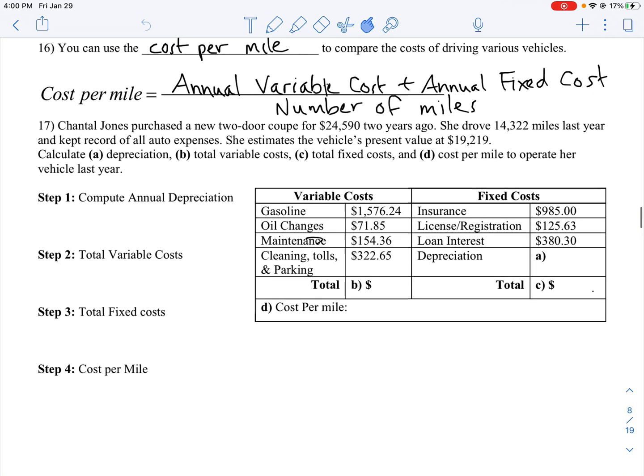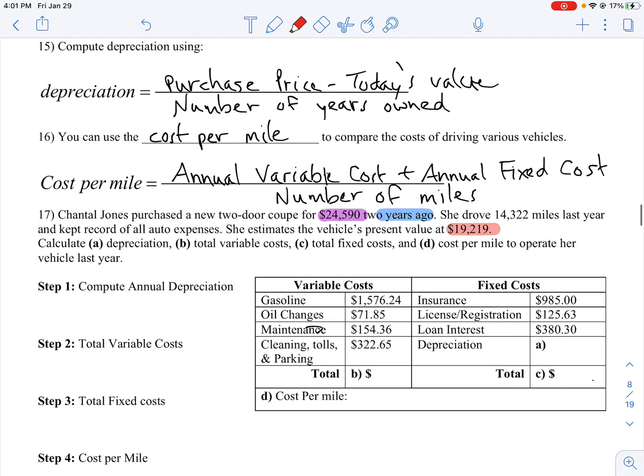So we've got Chantel, and Chantel purchased a coupe for this price 2 years ago. This is its current price. We can find the depreciation by doing the purchase price, which we highlighted in purple, minus today's price, which we highlighted in red, and then dividing that by how many years she's owned it, which we highlighted in blue.